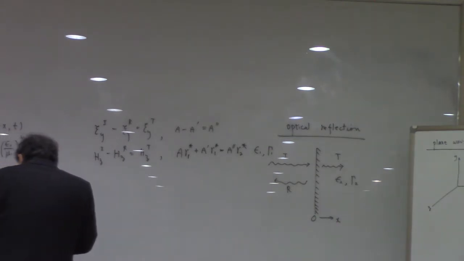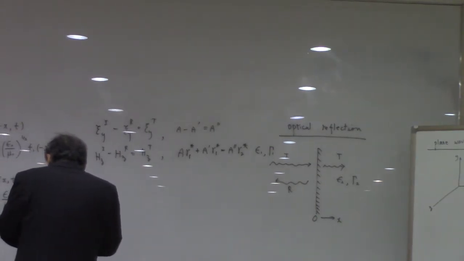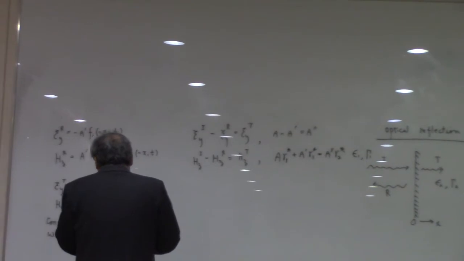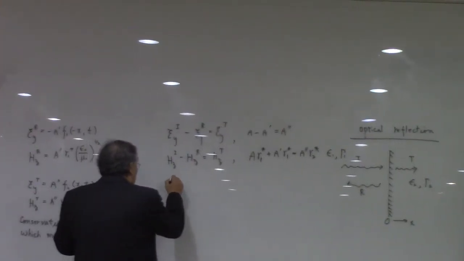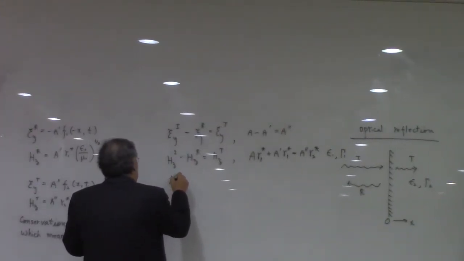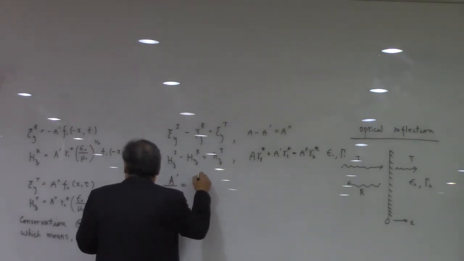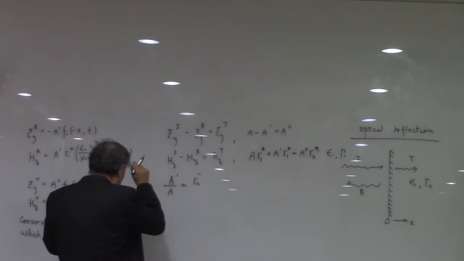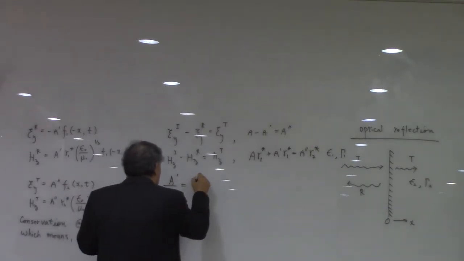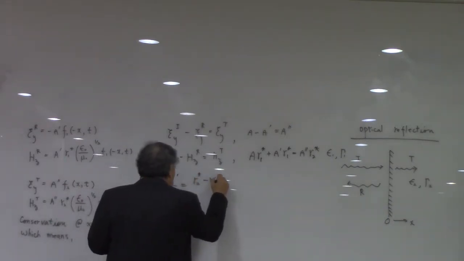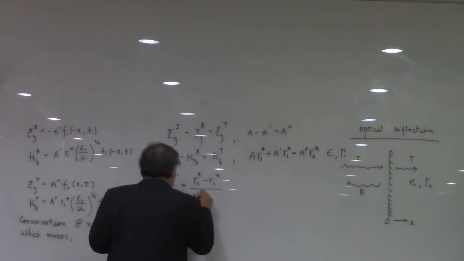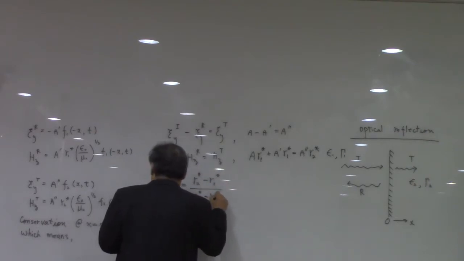Then the reflection, we have A prime over A, which is going to be R2 star minus R1 star over R2 star plus R1 star.